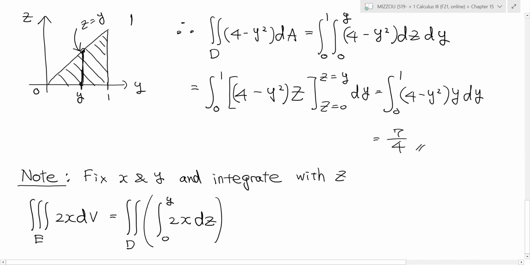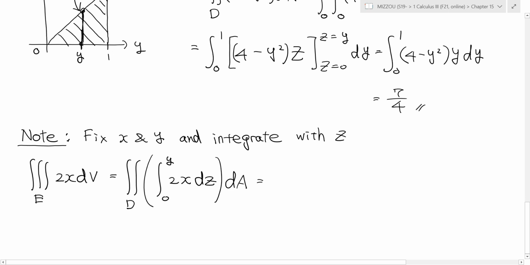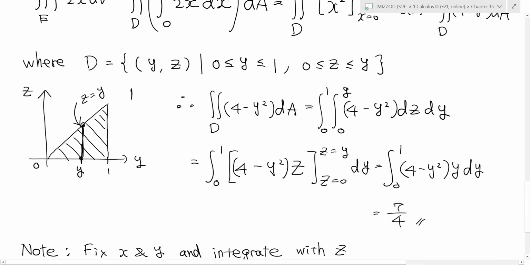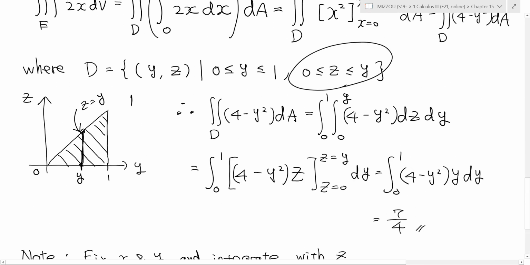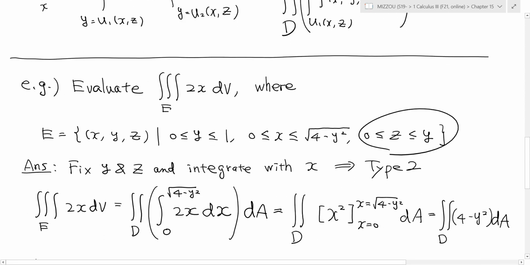And then you double integrate whatever you're left with, and this becomes the double integral of 2xy dA, where D is what? Just do the same as before by looking at the set notation. This variable z has been taken care of.